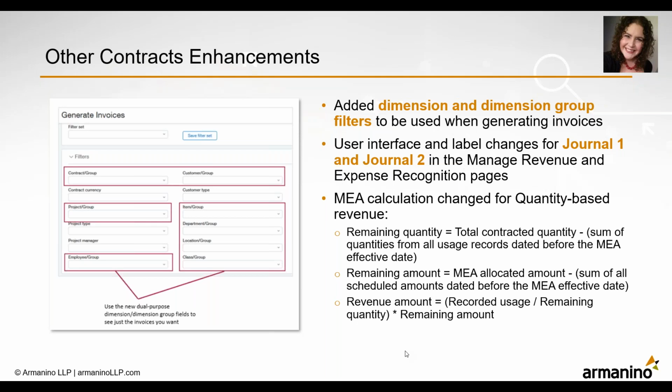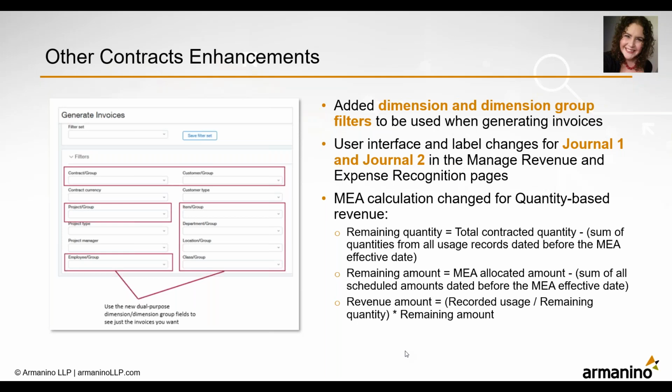We've also added dimension and dimension group filters to be used when generating invoices. So now you'll see all of the dimensions available in that module on the filter screen for your generate invoices. And then the last item is a calculation change in how quantity-based revenue is calculated.